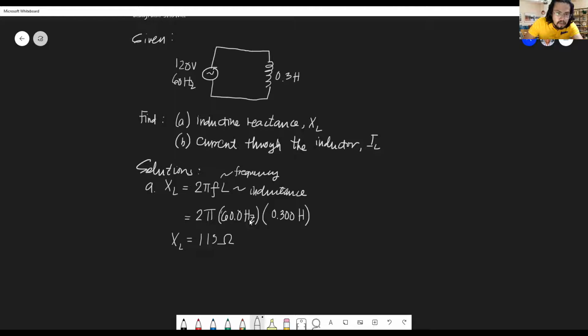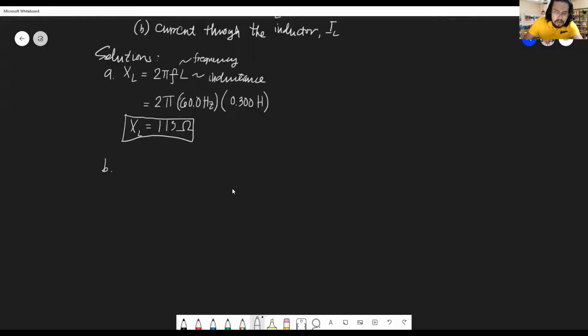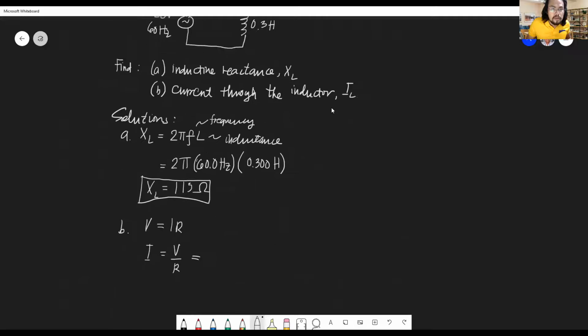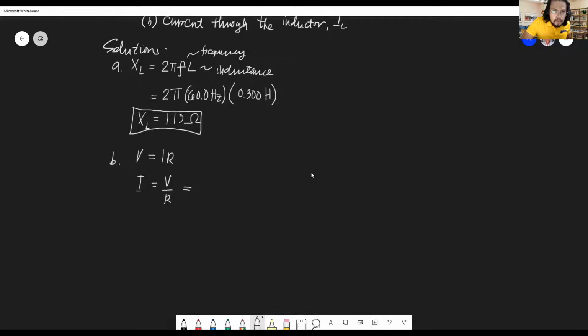Once that's done, you can now solve for the current. You're going to treat this as a resistor, so you make use of the voltage-current law. You have your voltage equation V equals IR, and I is V over R. Just plug in the values: you have your 120 volt source, divided by the reactance, substituting X sub L for R so it's clear that they're equal.